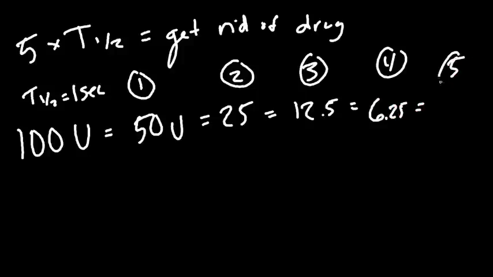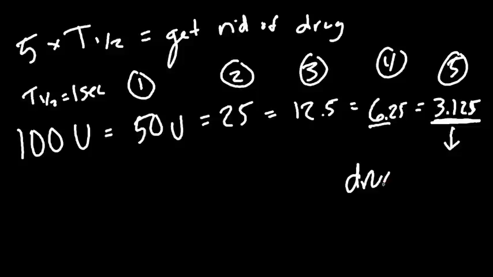And after 5 seconds, we'll be at 3.1. Is that 25? Probably did that wrong, but what I'm saying is, beyond that, we're at such minute amounts that we're at less than 5%. We're at about 3% after 5 half-lives, which pretty much means the drug is now out of the system.